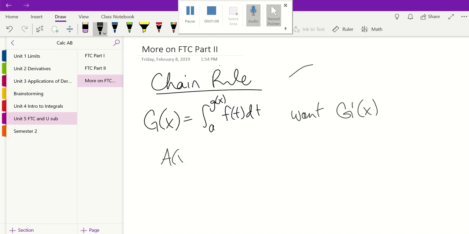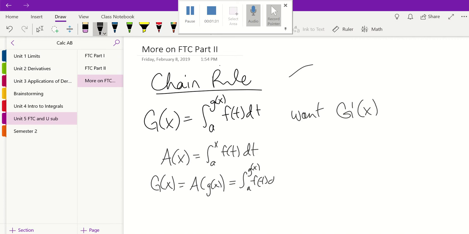Let's say that A of x is what we're used to, the integral from a to x of f of t dt. Well, then we could say that G of x is just equal to A of g of x. Or in other words, plugging little g of x into that upper part of the integral of f of t dt. Well, this helps us a lot because if we want to find G prime of x, we can just take the derivative of A of little g of x.